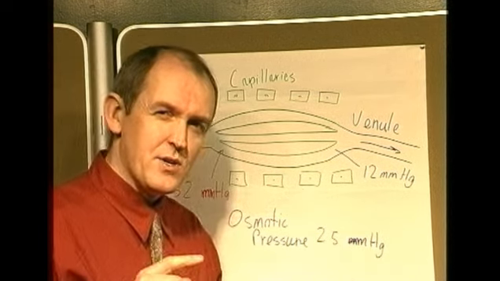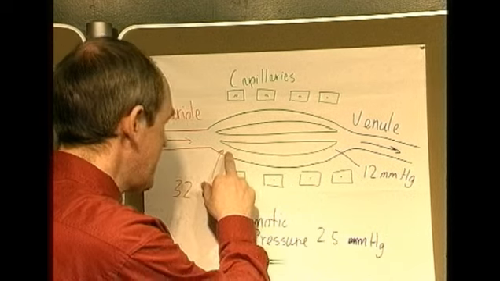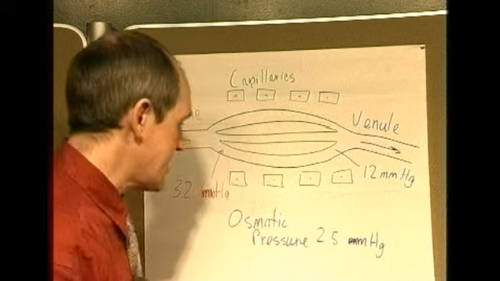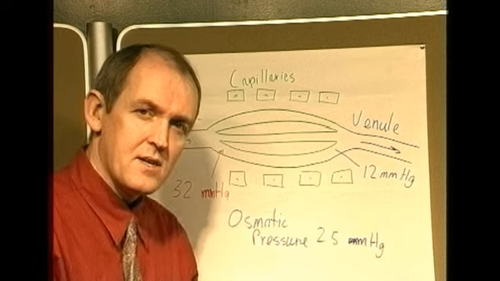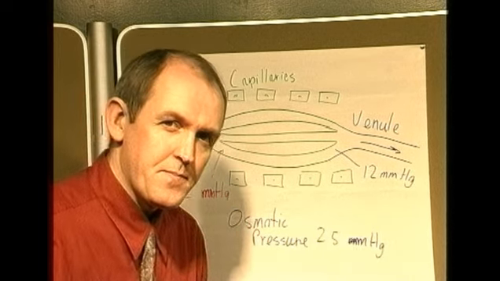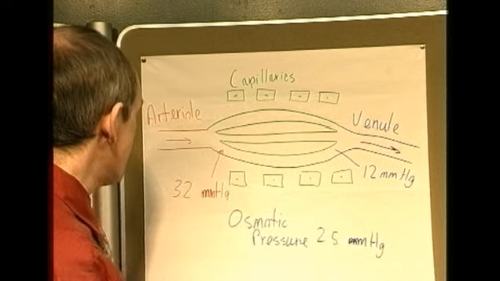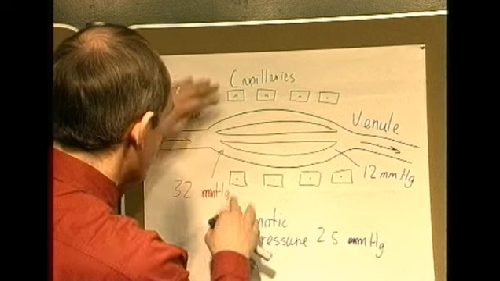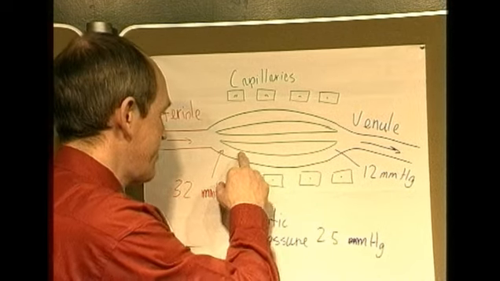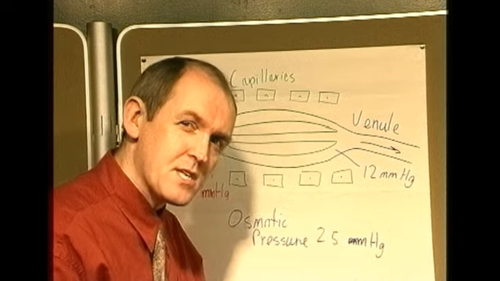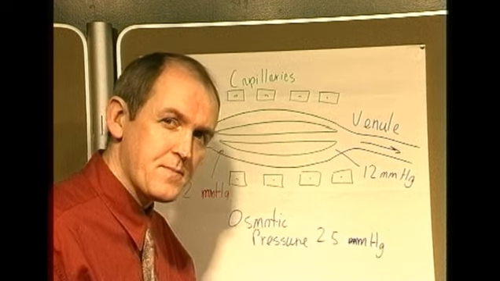Now, can you see now that the blood pressure at the arterial end of the capillary is greater than the osmotic pressure at the arterial end of the capillary? Now, the blood pressure is going to tend to force fluid out from the capillaries into the tissue spaces through those small gaps in the capillary wall that we drew before.